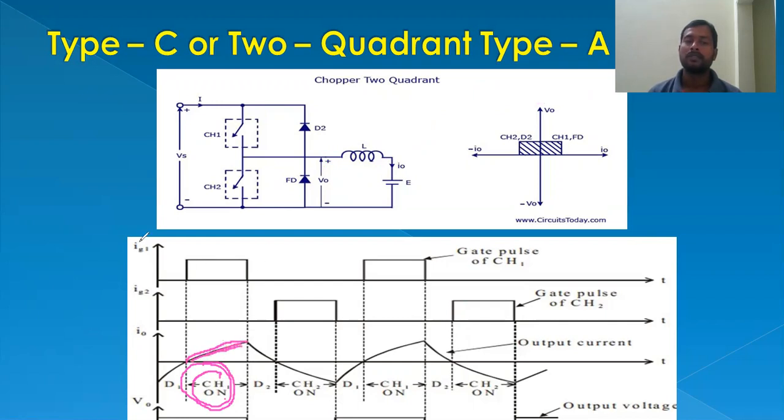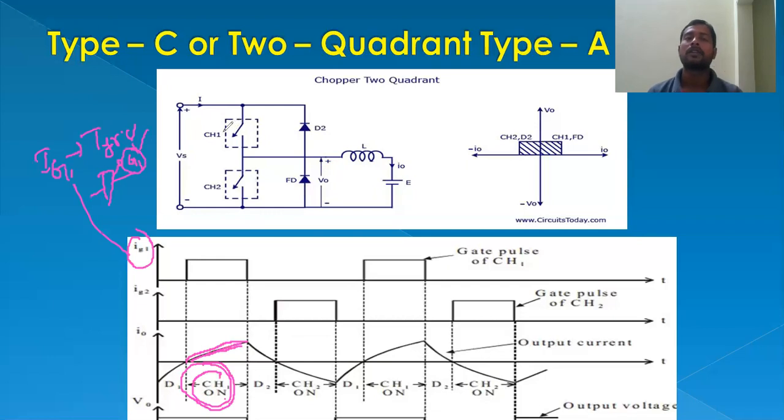This is IZ1, the chopper. What do we mean by IZ1? In place of the chopper, a thyristor is used. The thyristor has this symbol, and this is the gate. If gate current is given, the thyristor will turn on.